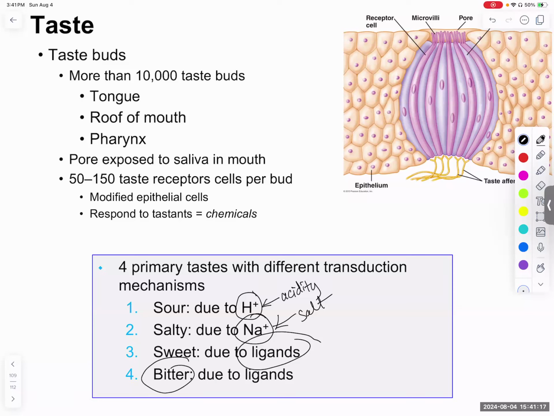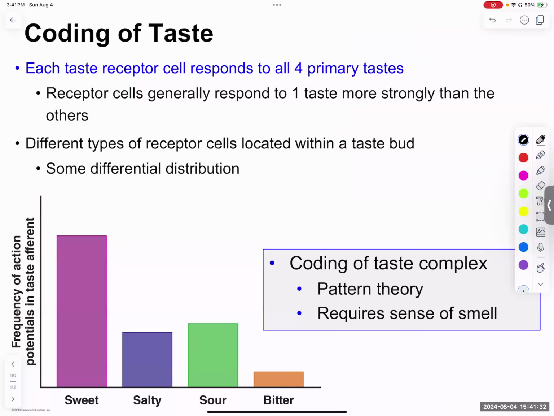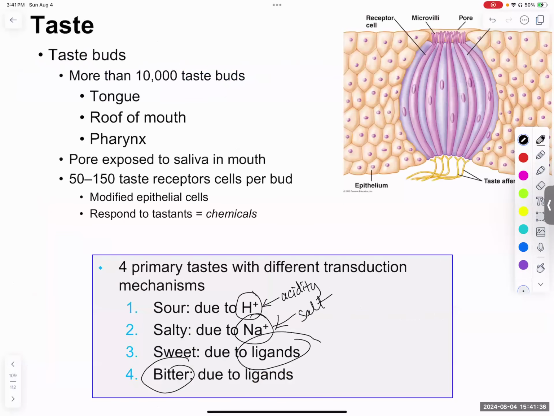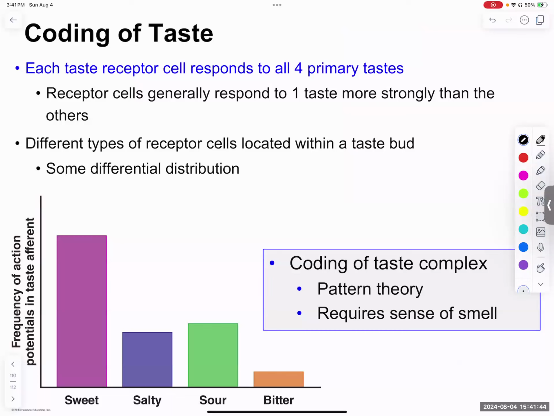Bitter is also protein ligands. So these different solutes are being dissolved in saliva, which is the solvent of the solution. And you have different receptors that are responding to each one of these. So some receptors respond to acid, some respond to salt, some respond to ligands that are sweet, and some respond to ligands that are bitter.